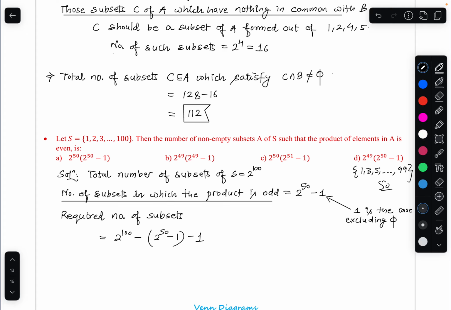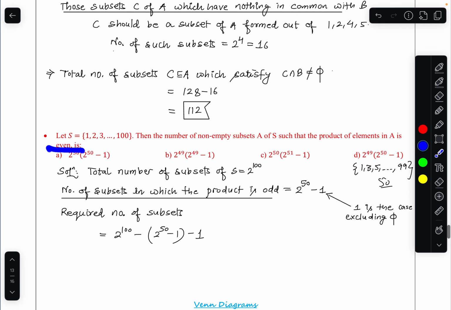As soon as I excluded the phi here, it came here. But then I don't want that phi here either because I want the product to be even. So I'm excluding that phi from the count as well. And that gives me 2 power 100 minus 2 power 50, which is the same as 2 power 50 into 2 power 50 minus 1. So that's the answer we have.